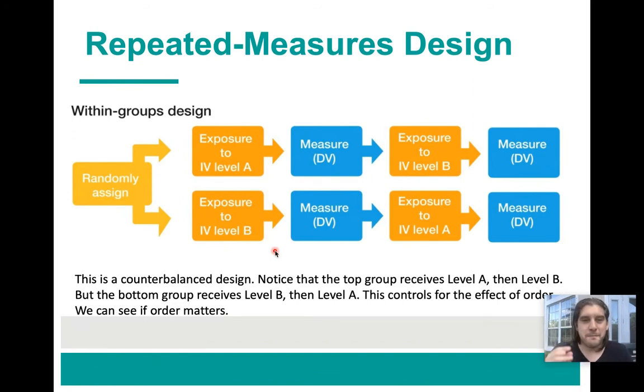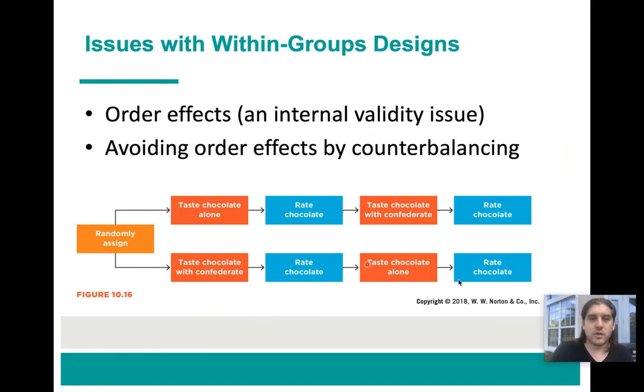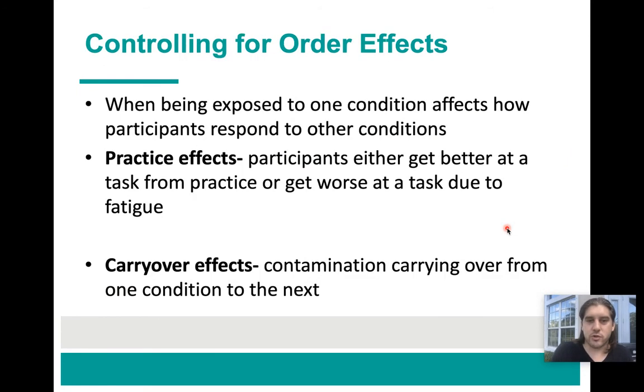But the idea is that repeated measures designs are potentially problematic because if you're doing multiple things to people, the order in which you do those multiple things might impact them, might change the results of the experiment. So we can counterbalance in order to try and mitigate these effects.